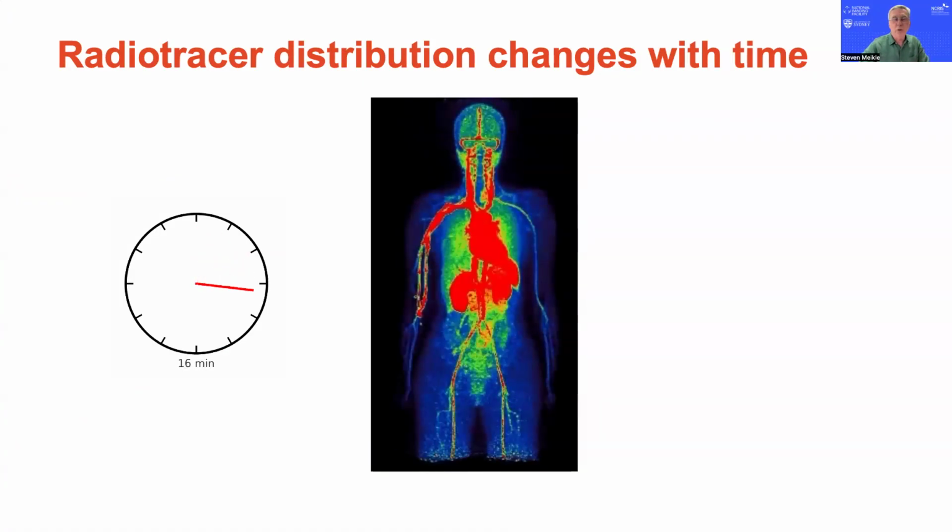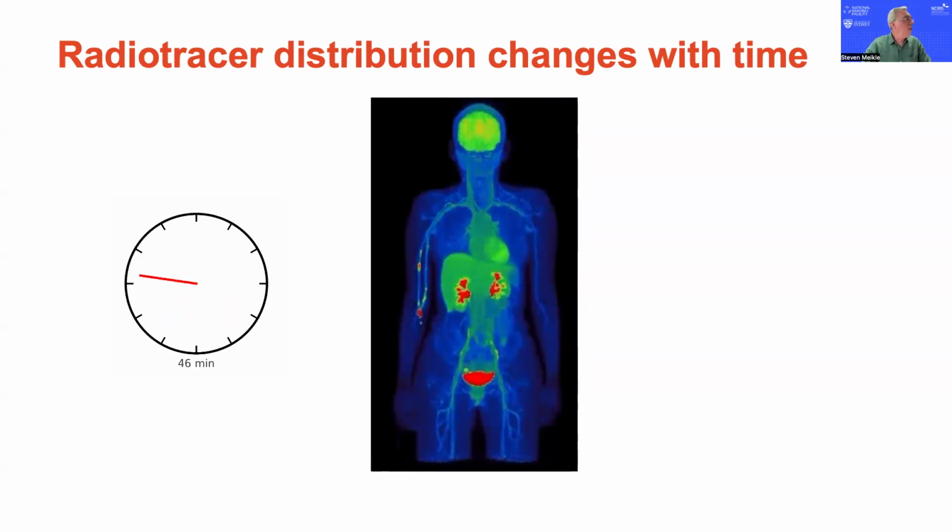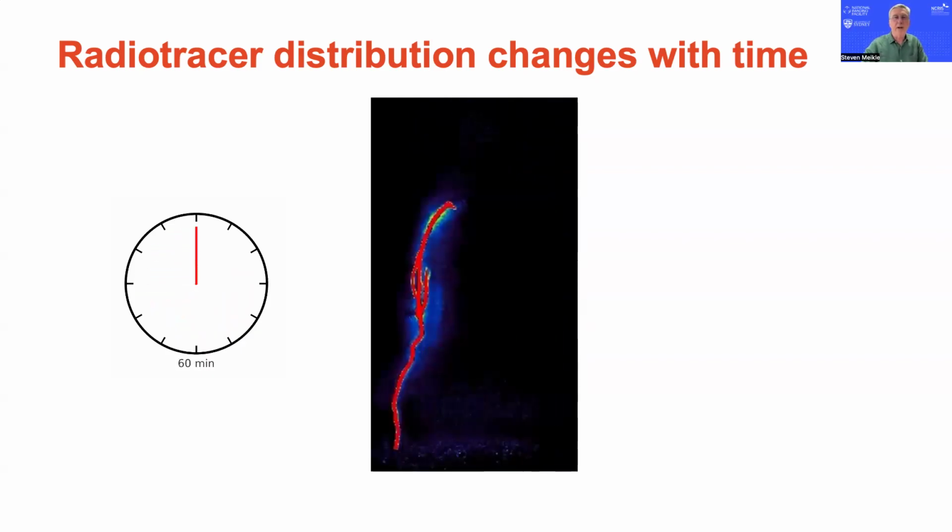So, as I'm sure you all know, one of the unique features of PET and nuclear medicine techniques in general is that we can capture the dynamics of tracers that we inject, and there's some really rich information in that data.